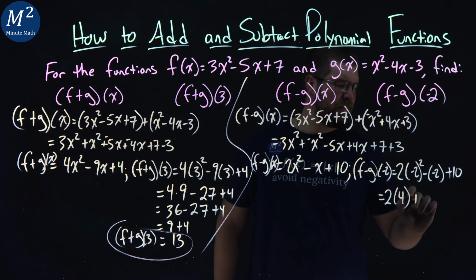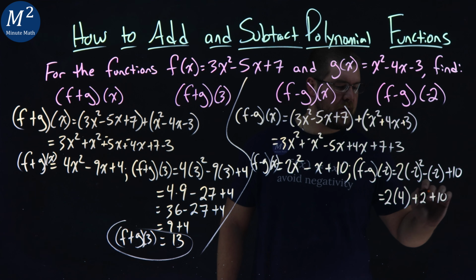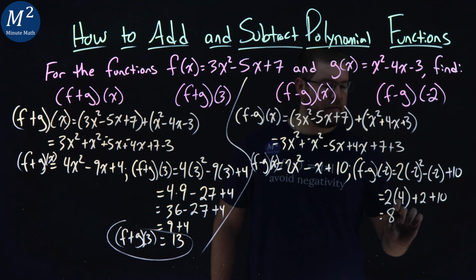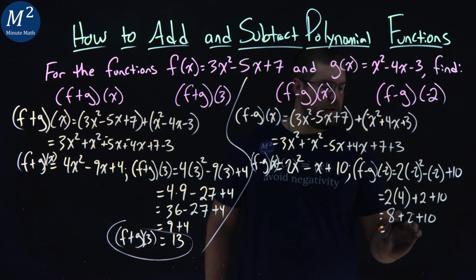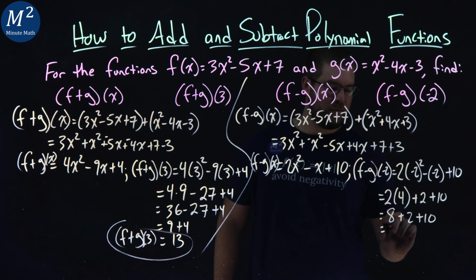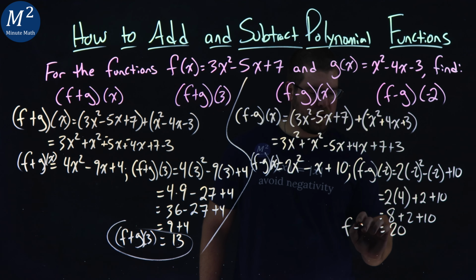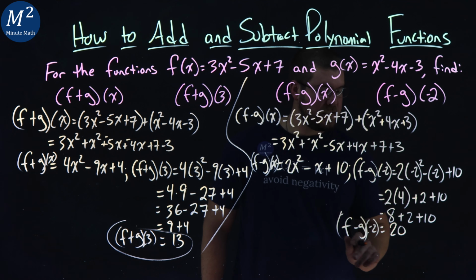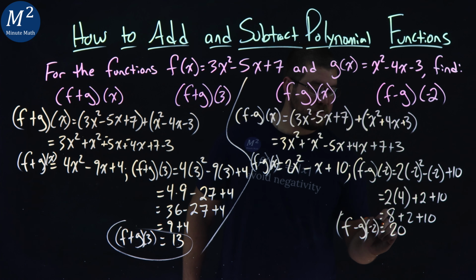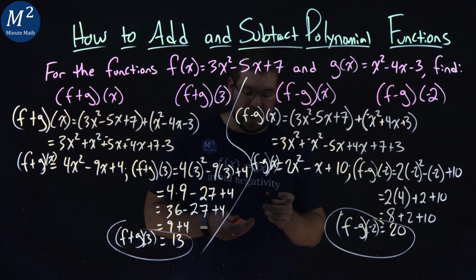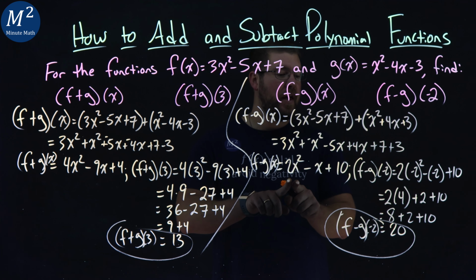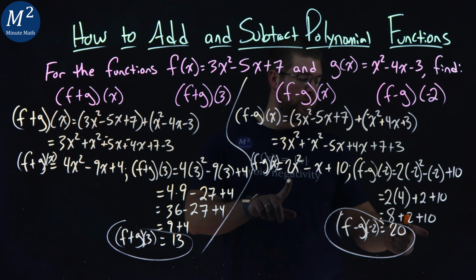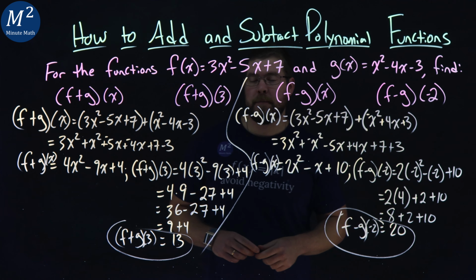Minus a negative 2 is like plus a positive 2, plus 10. 2 times 4 is 8, plus 2 plus 10. 8 plus 2 is 10, plus 10 is 20. So f minus g of negative 2 equals 20, and there we have it. Again, just like we did before, we found f minus g of x, then we plugged in negative 2 for the second part and got a 20.